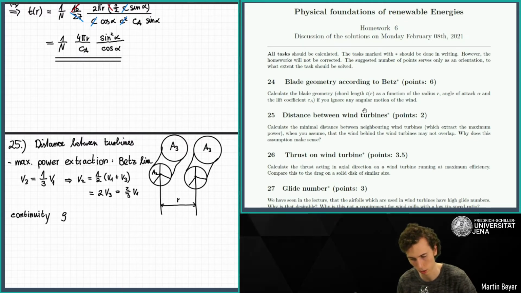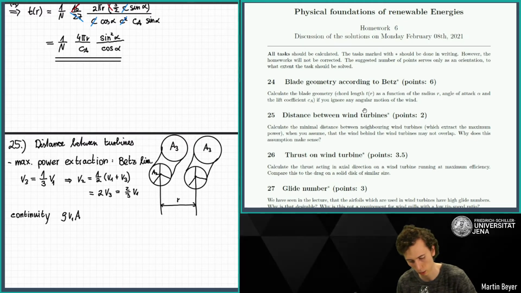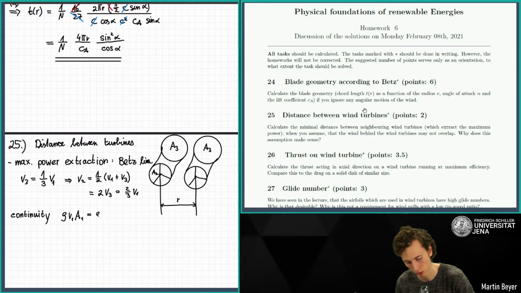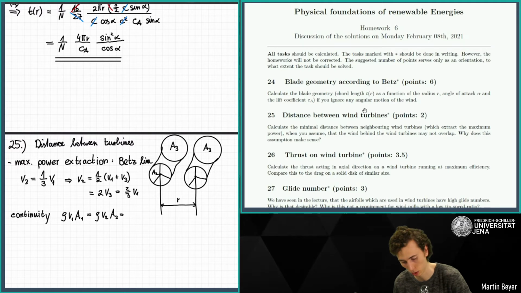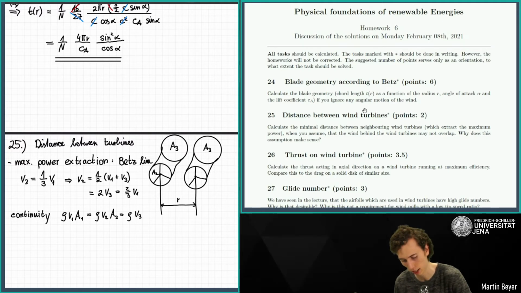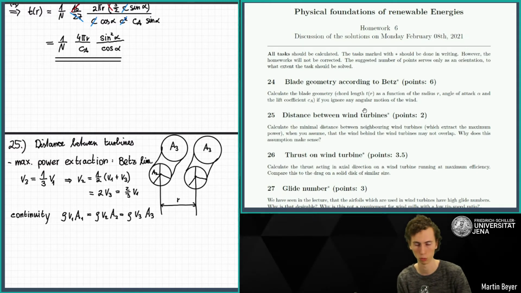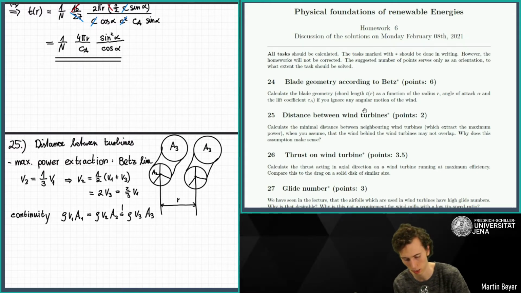So rho times v1 times A1 is equal to rho times v2 A2 is equal to rho times v3 A3. Okay, so the important part are the last two. This is the last equality here.